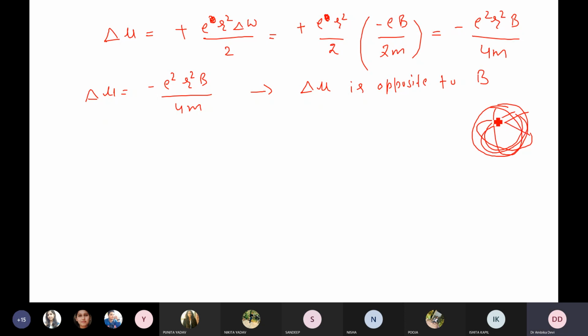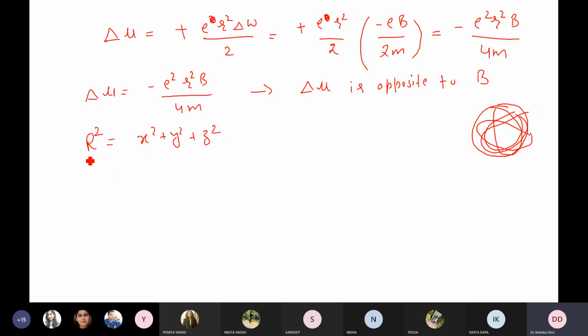Since the symmetry of the atom is supposed to be spherical, a three-dimensional spherical symmetry, the radius of an orbital is given by r square is equal to x square plus y square plus z square, right?